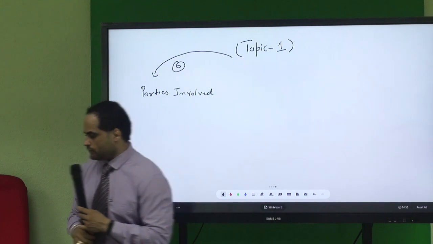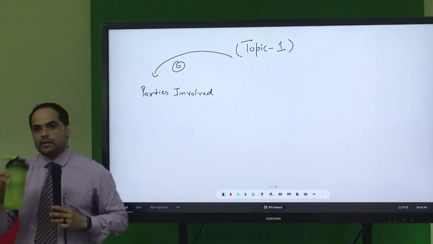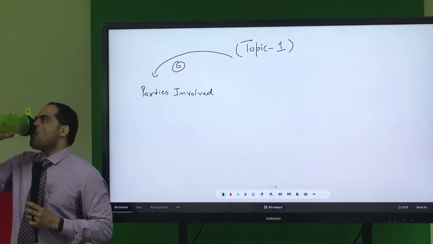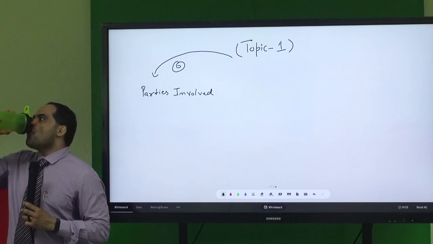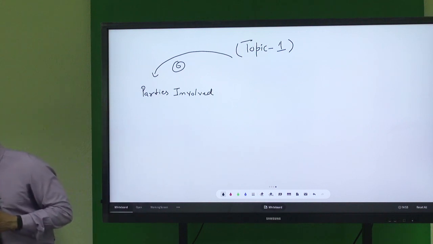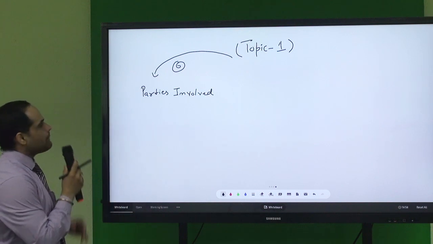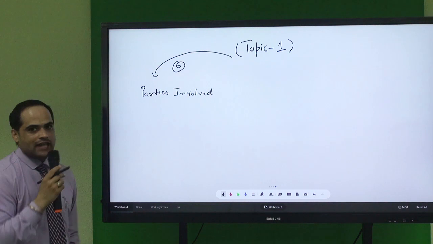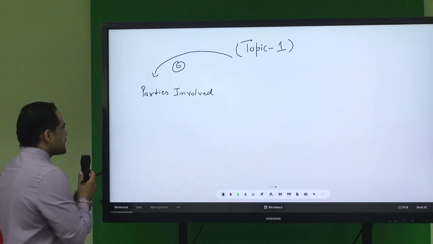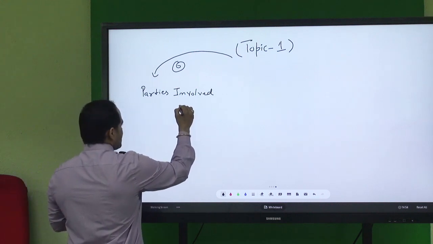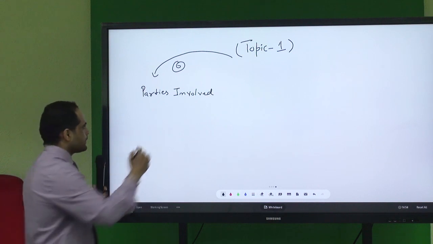Parties involved, right? Parties involved in tax payments. Which means, how many parties are involved in a tax payment system, right? It means when people pay tax. We can say there is a triangle of tax payments.